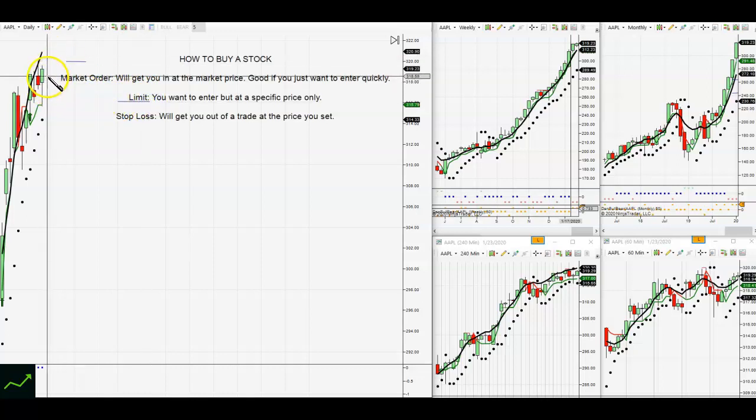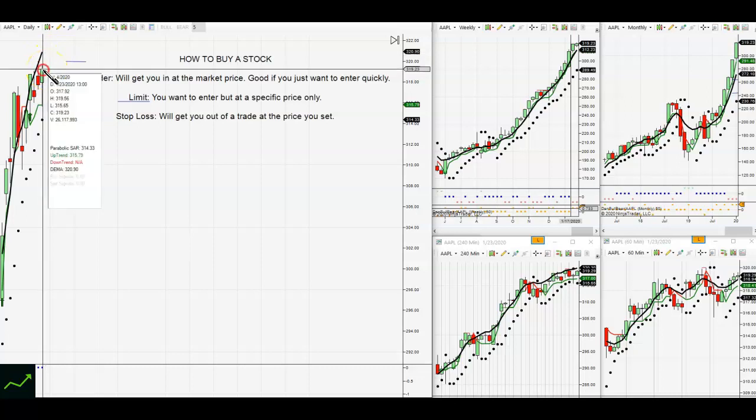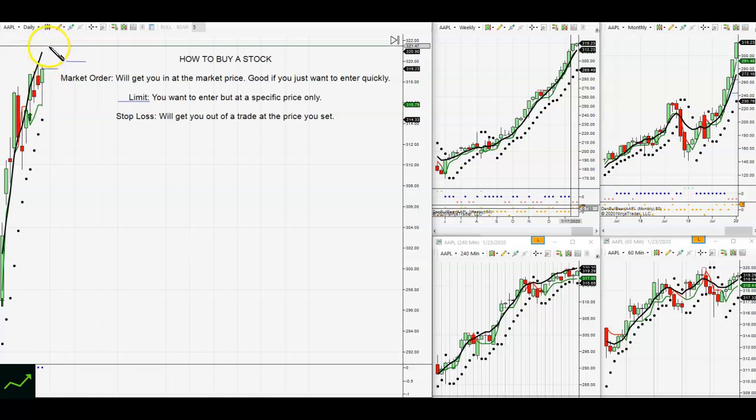But there are scenarios where you're not going to get that order because Apple may not hit that price. You could get a gap up. It's very common where you have a stock, like I pointed out, Apple closed at $319.23 last day. Stocks can gap up. They can open higher.